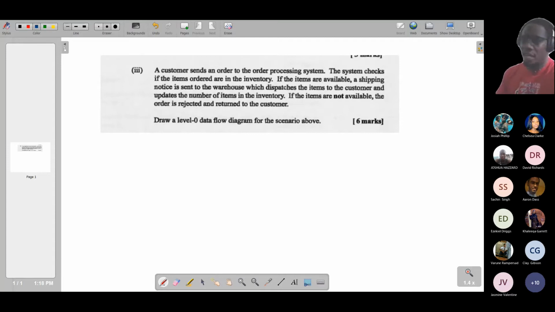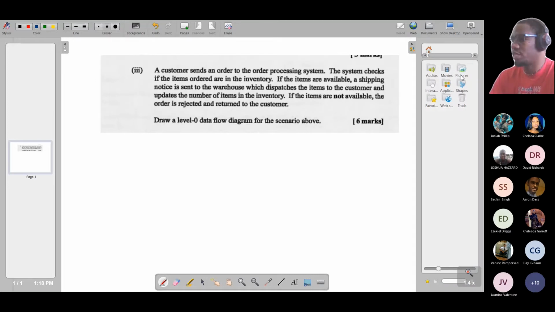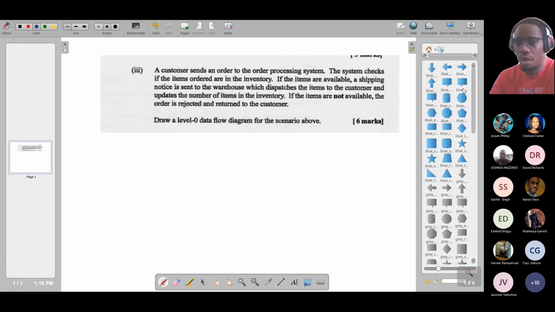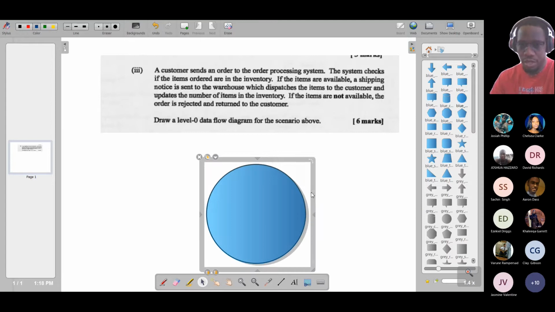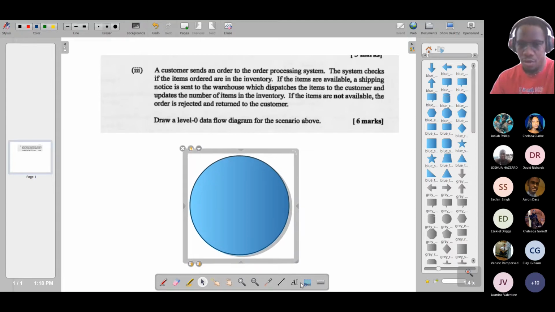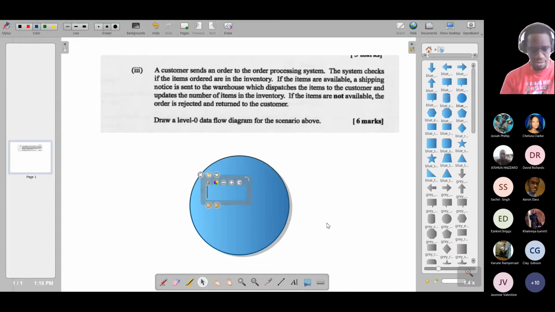Right, so we have the customer sends an order to the order processing system. Okay, so we're doing the context level diagram. The context just allows us to understand how the system will operate, how the system will work. So this here is our order processing system, right?